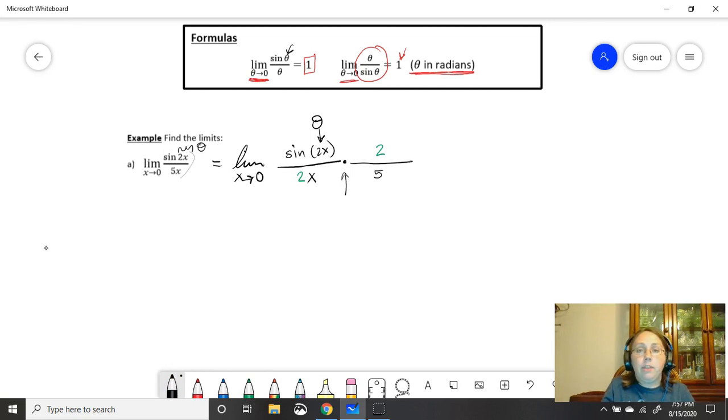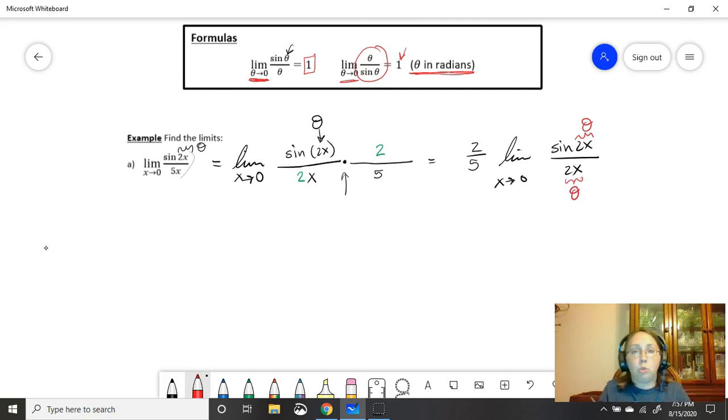Well, this guy, 2 over 5, is actually a constant, so he can come out of our limit. So we can take the limit as x goes to 0 of sine of 2x over 2x. Now, a little bit of technicalness here. If we consider the 2x to be our theta, what did we need theta to approach?